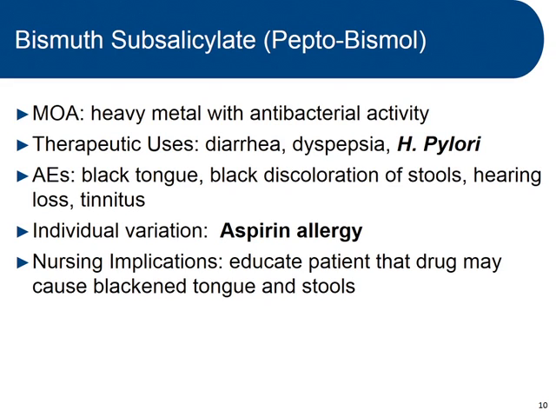So let them know that this is something that you will see. Typically, it's temporary and absolutely harmless. Essentially, bismuth is combining with trace amounts of sulfur in your saliva and your GI tract, and that produces bismuth sulfide, which has a black color, and so that's responsible for the discoloration.